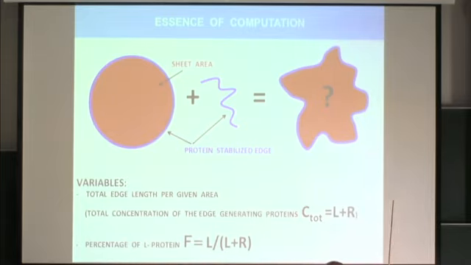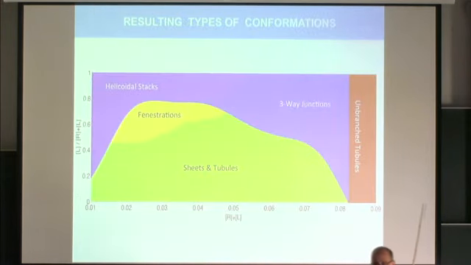Tom Shemish did these calculations. De facto, depending on these two parameters, we can have unbranched tubes if the amount of these curvature generating proteins is large, independently of whether they are negatively or positively curved, if you like.